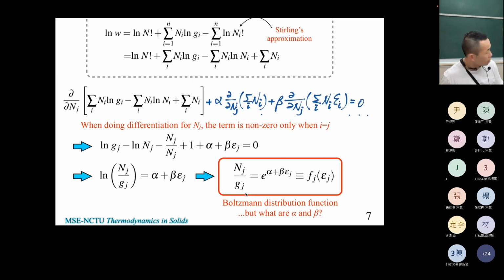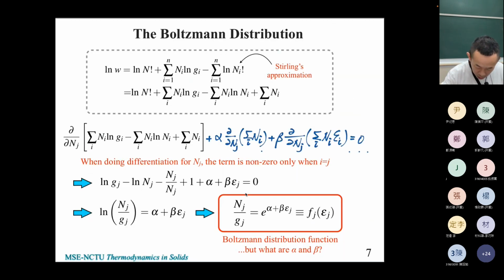Next step is a little bit important. Here, when doing differentiation for nj, the term is non-zero only when i equals j. Wow, this is really important. As you can see, this is a summation. You want to do differentiation, you need to deal with a lot of terms, but actually not.